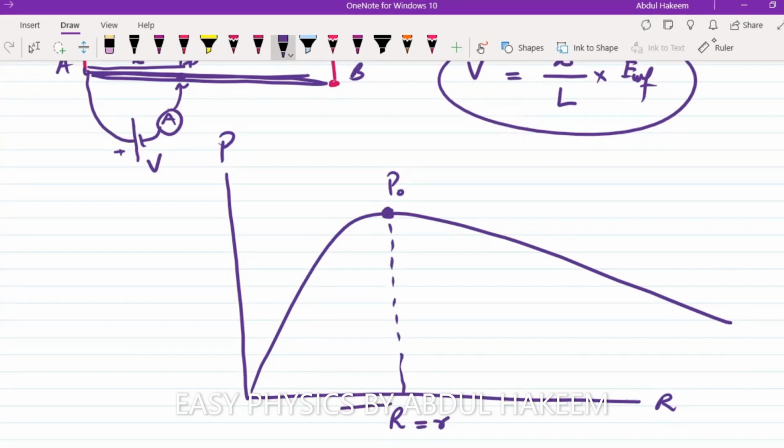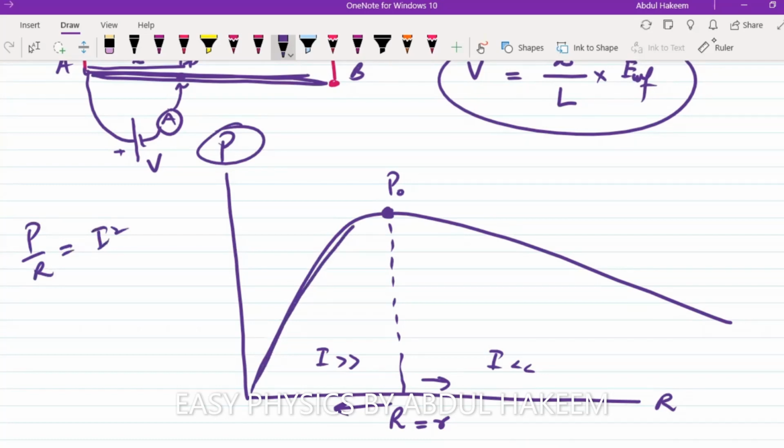Now look here, the resistance is smaller than this, so due to small resistance the current is large. And here the resistance is greater, so the current is smaller. And do remember, the gradient of P over R is current squared. So this gradient is large and this gradient is small due to the current.